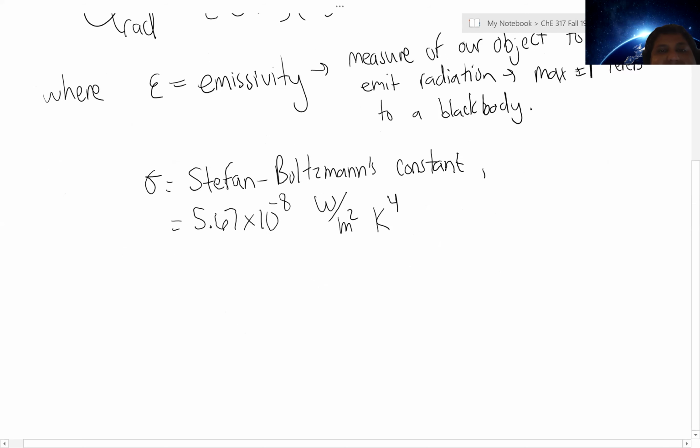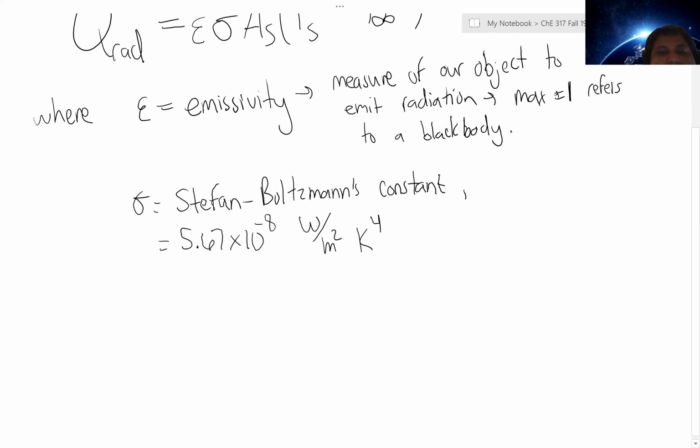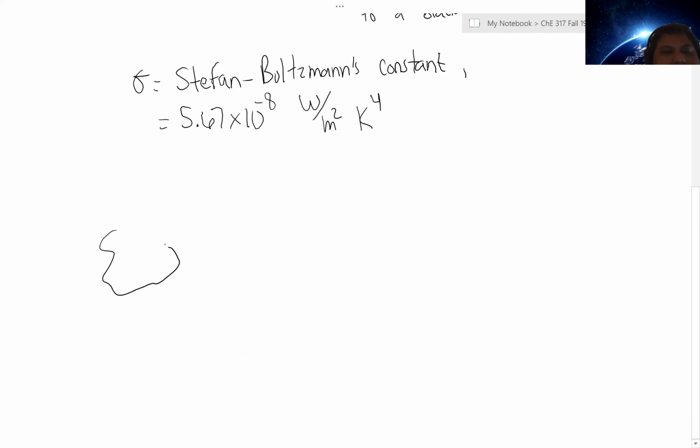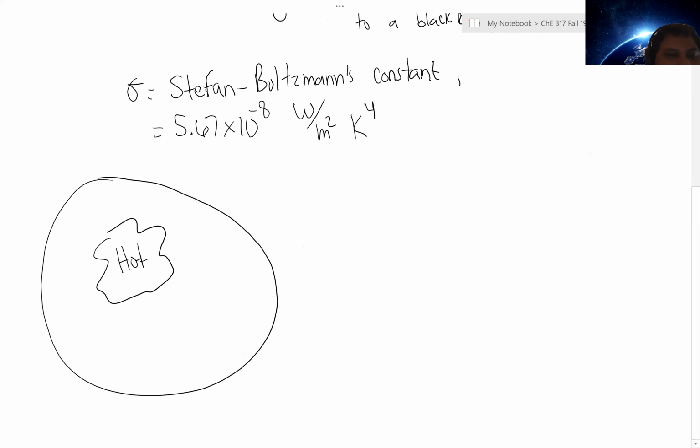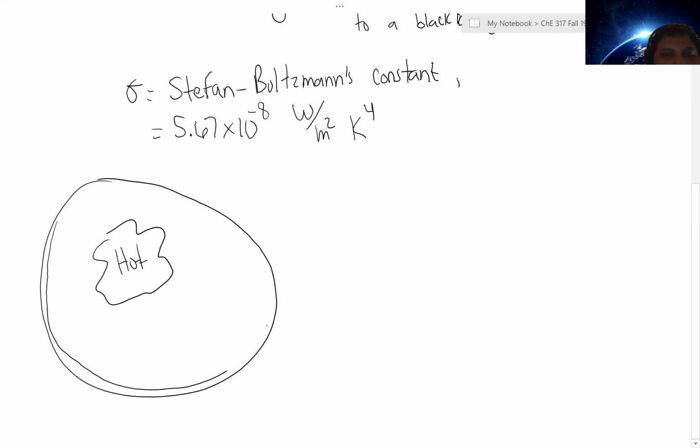And so if we take a look at radiation in a little more depth, if I have a hot object and I put it in a box, it's a circular box, I don't know, UPS does weird things.